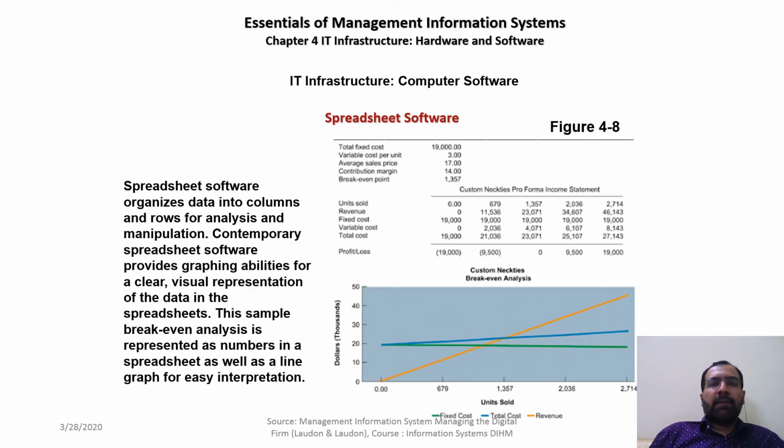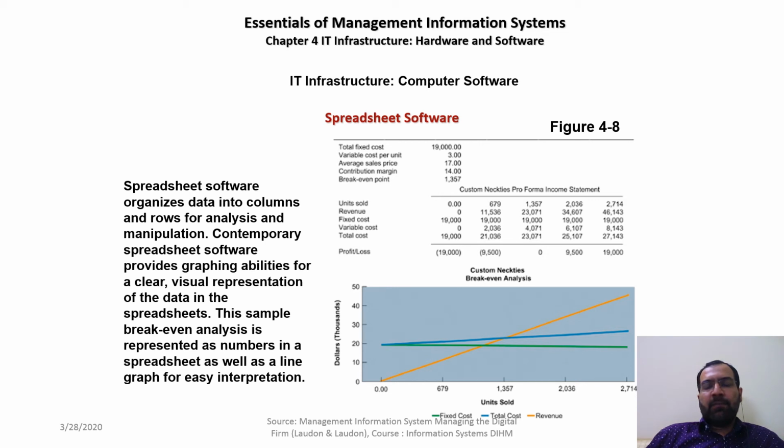This is an example of a spreadsheet application where you have simple data. You just want to see how many units are being sold, what revenue you have generated, what the fixed cost is, what the variable cost is, and you want to have that information in a graphical format as well as in table format, and you can see instantly and determine whether you have achieved the break-even point or not.